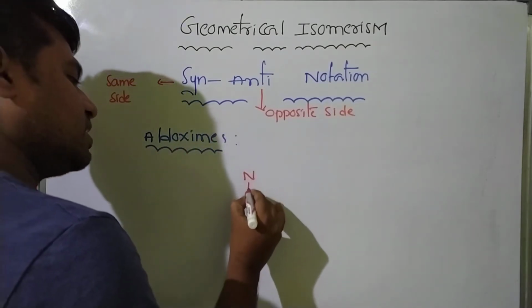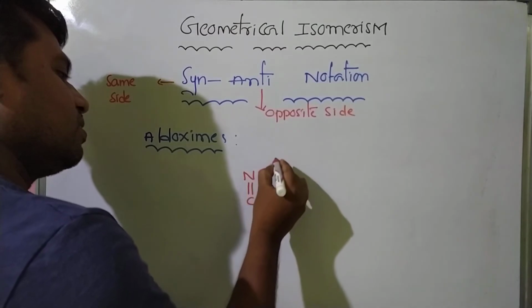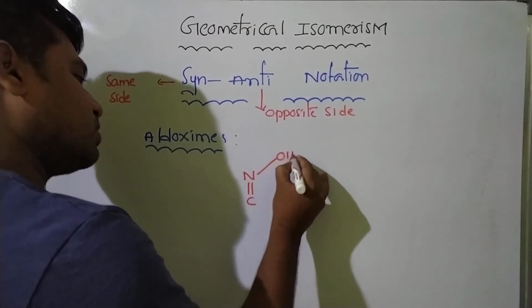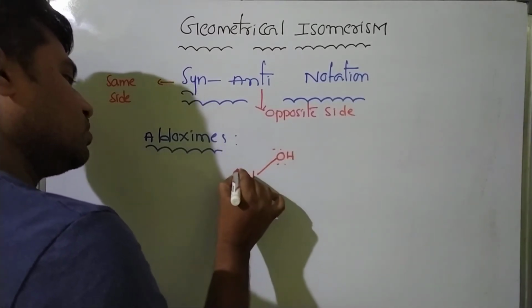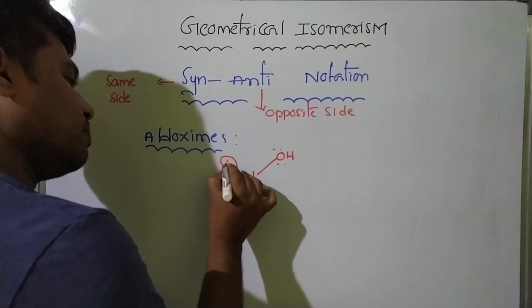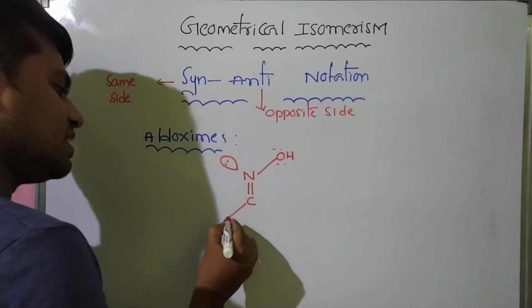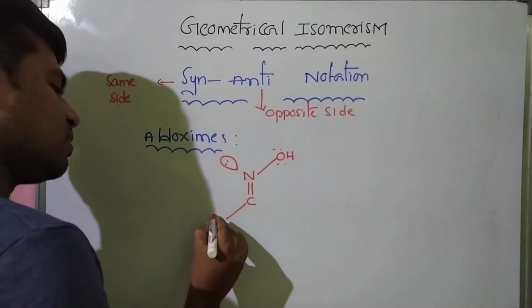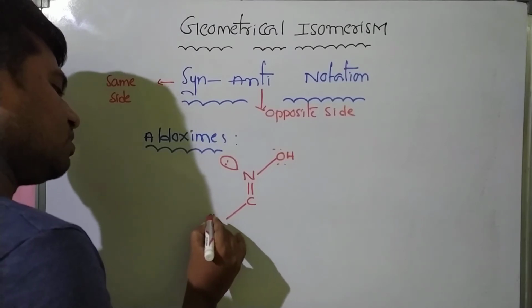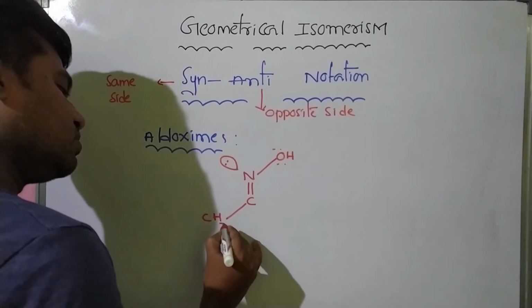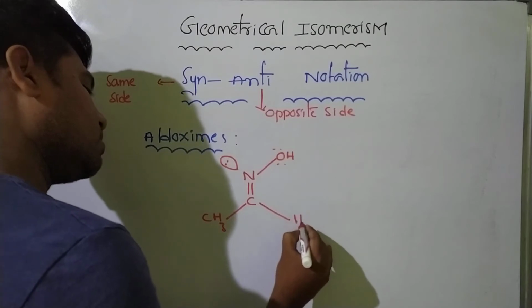So this is nitrogen, C double bond N. This is the hydroxyl group. This is the lone pair. Now this is hydrogen. This is some methyl group, CH3. So this is some hydrogen.